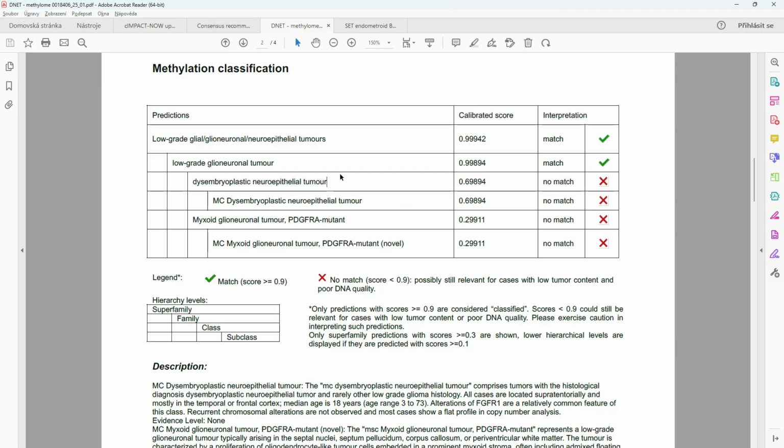So I agree that the morphology is consistent with this category. This is a low-grade benign lesion associated with chronic drug-resistant epilepsy, mostly in children and very young adults. This is a little bit older person, so this even confounds the diagnosis of this tumor type here.